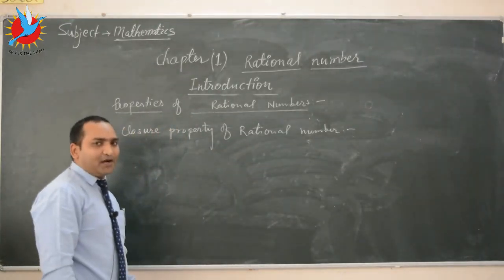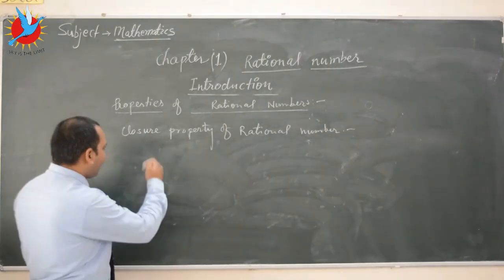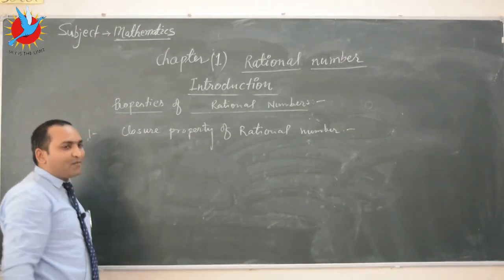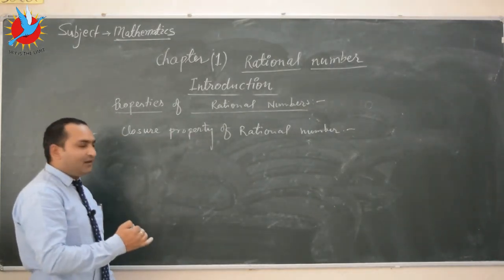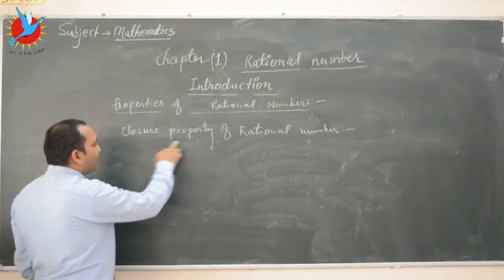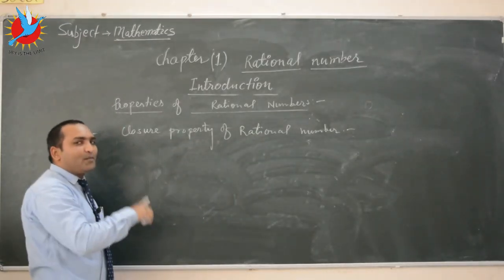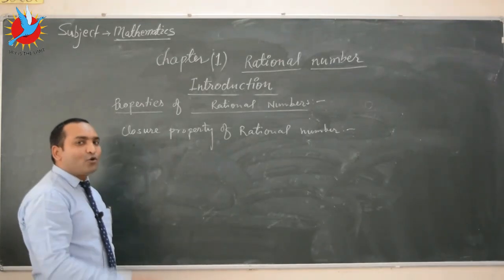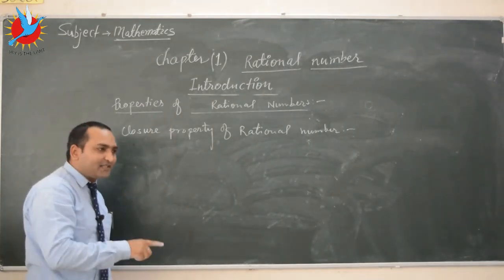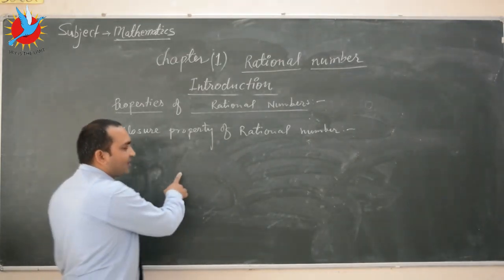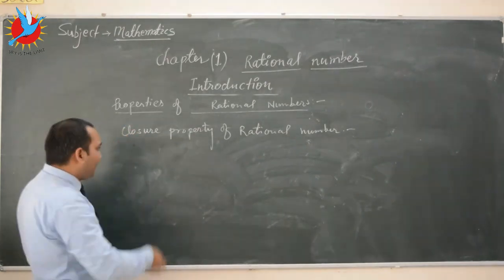What is the closure property? There are different types of closure property. There is closure property for addition, closure property for multiplication, closure property for subtraction, and closure property for division. So one by one we discuss.